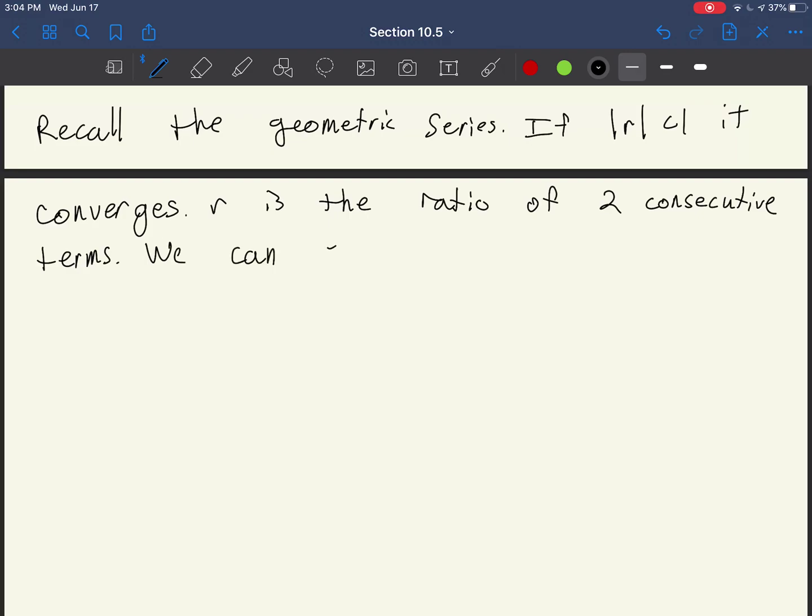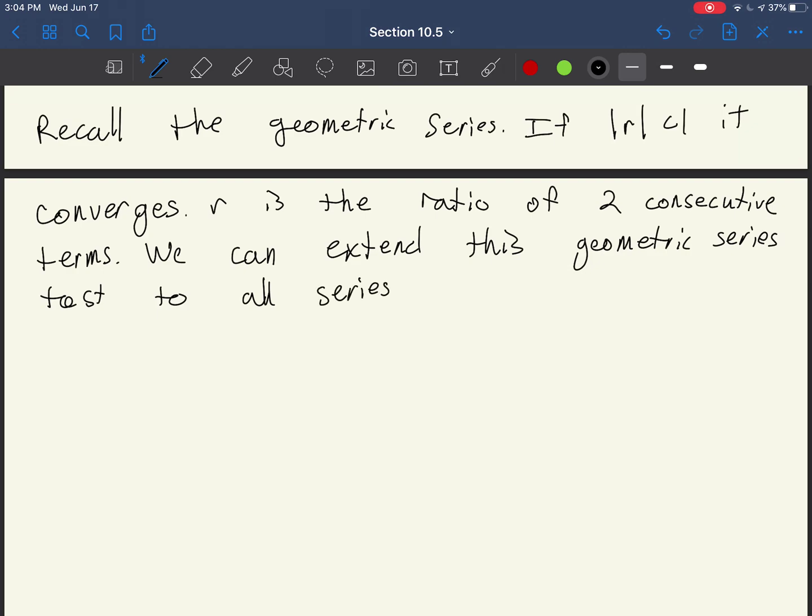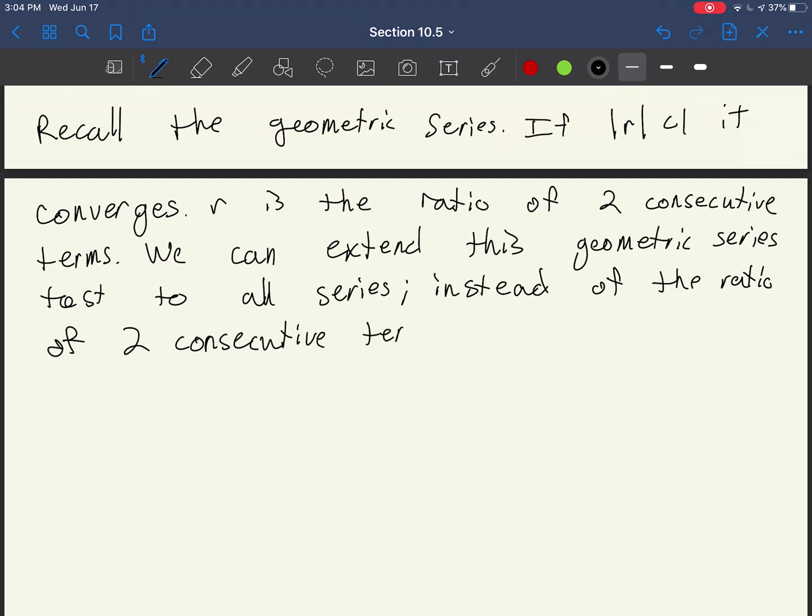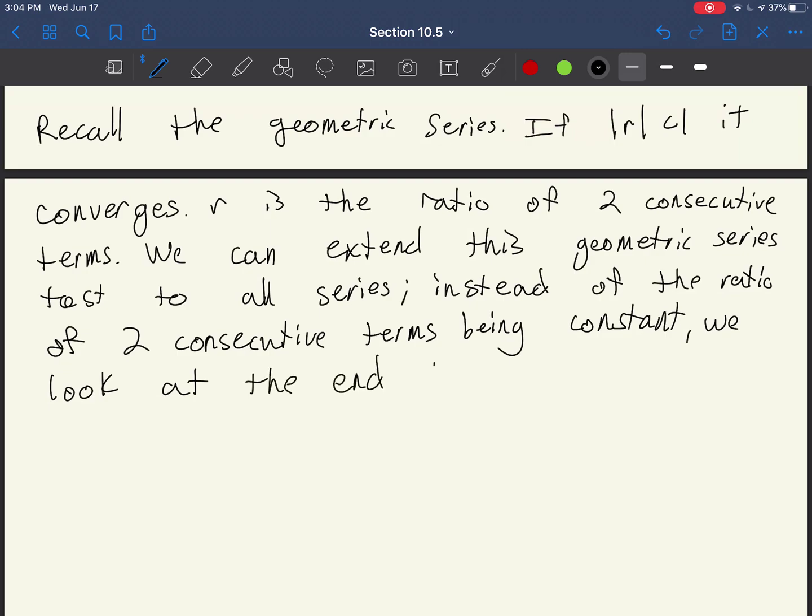Well, we can extend the geometric series test to all series, not just series that are geometric, by, instead of looking at the ratio of 2 consecutive terms and that being constant, instead looking at the end behavior of that ratio.